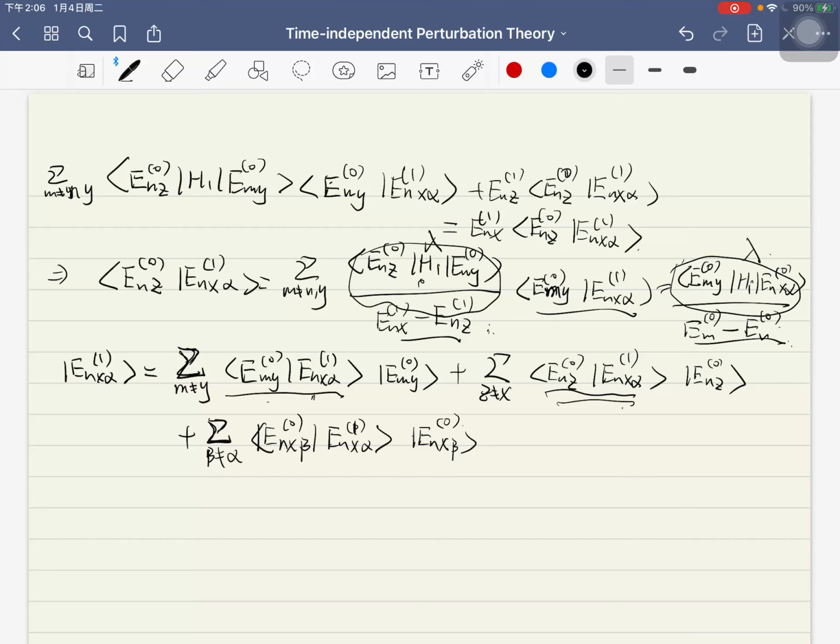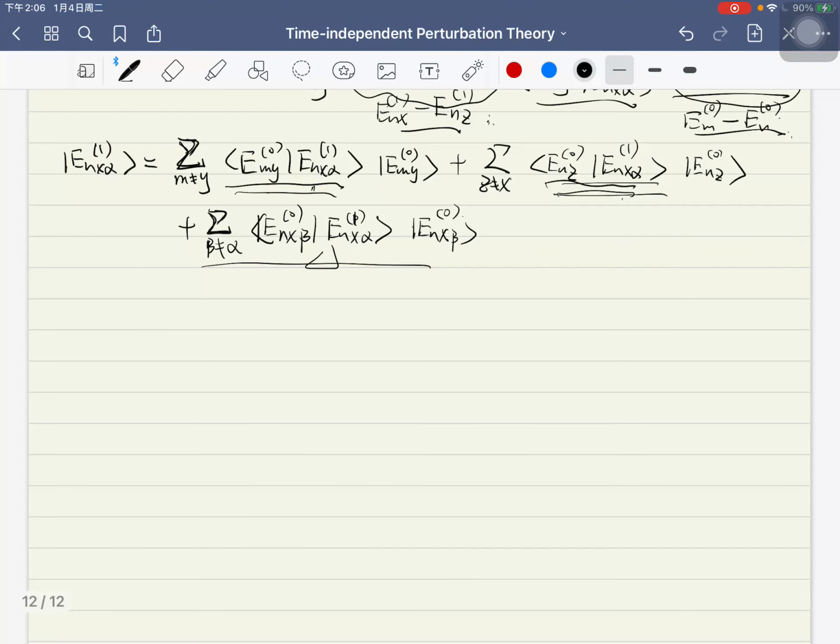Actually, in many problems, these terms are less important when we solve real problems. So we just give these two terms, and then we continue to find the second order energy perturbation if H1 does not eliminate the degeneracy, and if the subspace of the degeneracy is the problem that we are interested in.